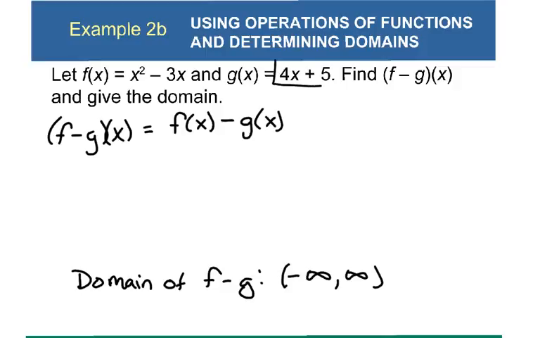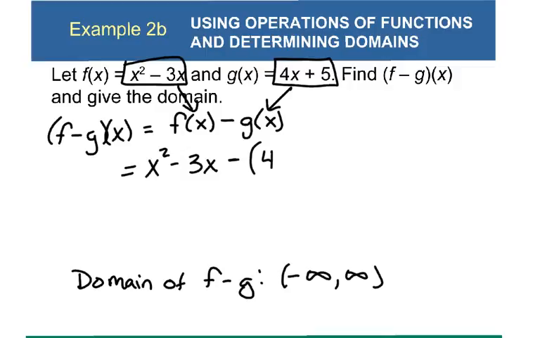And like I did before, I'm going to replace my functions in here. So my f of x is the x squared minus 3x minus, and remember, put parentheses around this whenever you have a minus sign, because it distributes. And now simplify.